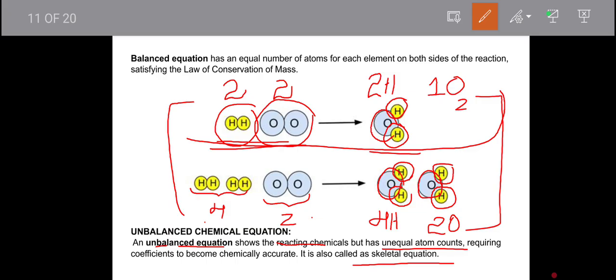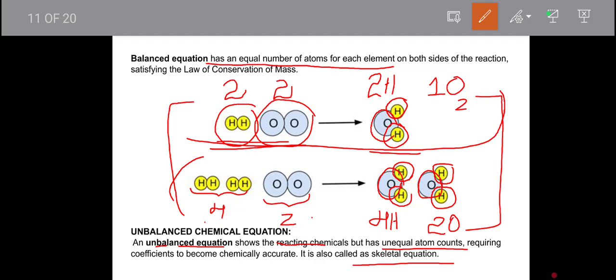Fine. Now in the second case, you can see what? The number of hydrogen atoms and oxygen atoms on the reactant side as well as on the product side are equal, right? So such equations are called balanced chemical equations. Got it? A balanced chemical equation has an equal number of atoms on the reactant side as well as on the product side.